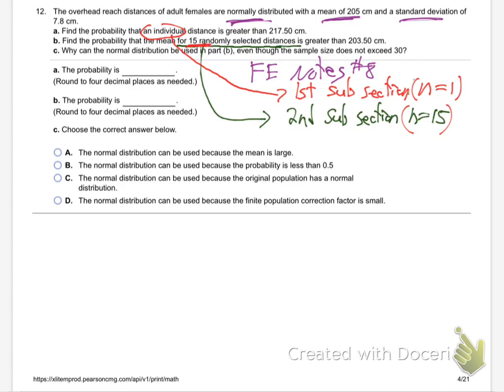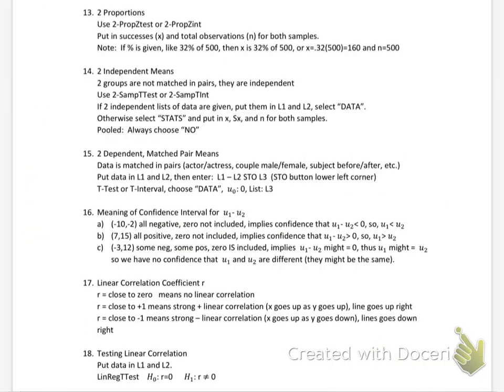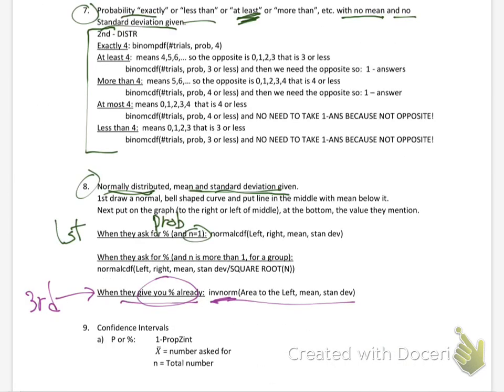Now it says find the probability that a mean, an average of 15 distances. So that's the second subsection. Let's go back and look at that. So here's the second. They ask for a percent and n is more than 1. You have to use normal CDF and do that whole thing. The main thing is you have to divide by the square root of that n number. That's the trick there.